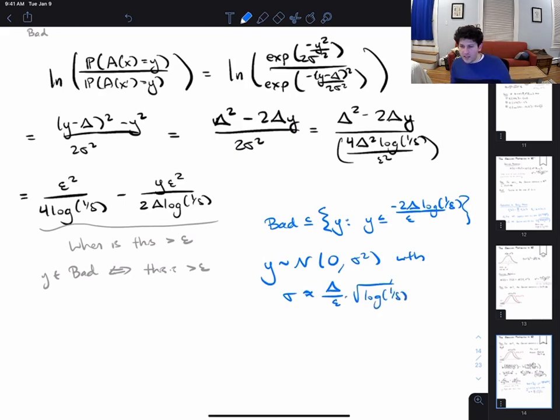Okay, so it shouldn't be taking values that are much, much, much smaller than negative delta over epsilon. Right? The bad set is exactly the set where y has taken some extreme value away from its mean. And so that implies that the probability that Ax is in bad is at most delta, which is exactly the thing that we want.